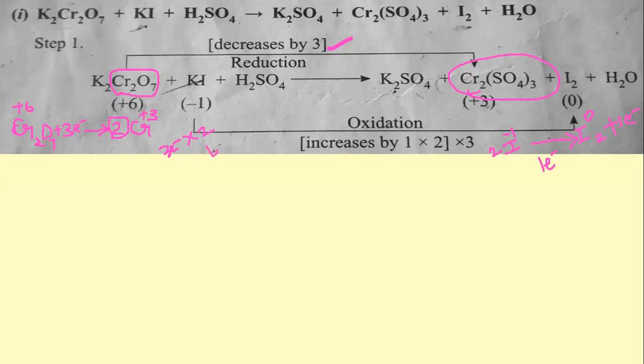You understood how this comes? See, here we have to check their electron differences, and after that we have to count for the balancing.